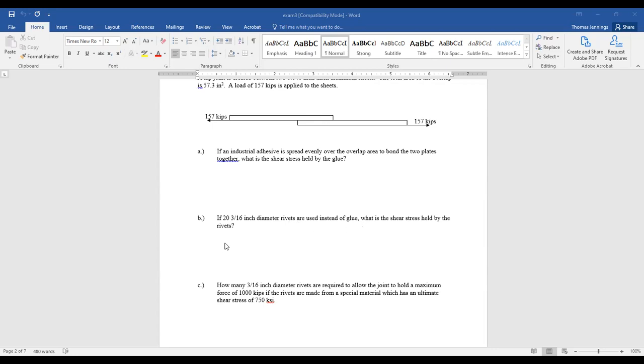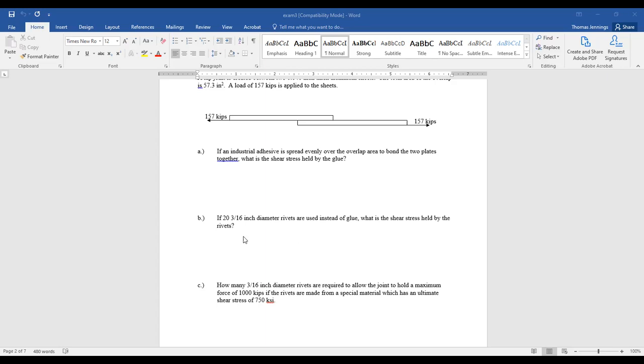Now, be careful here. I saw a couple errors on the homework assignment where people were going a little quick and not really thinking about what they were doing. Some people read statements like this where it said 3/16 and read that as a 2 and 3/16 inch diameter rivet was used instead of glue.